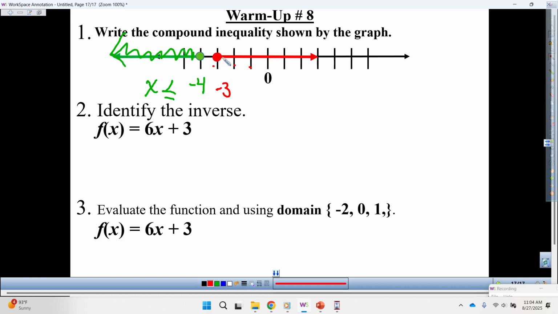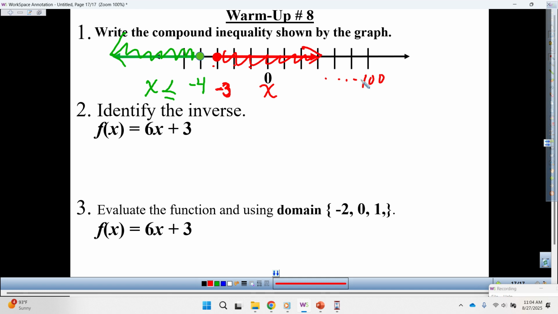Yes. And then all this shaded region, I can't pinpoint a number, so I'm going to label those what? X. So what is -3 compared to all those numbers, Dayami? -3 is what compared to, let's say, 100 over here?